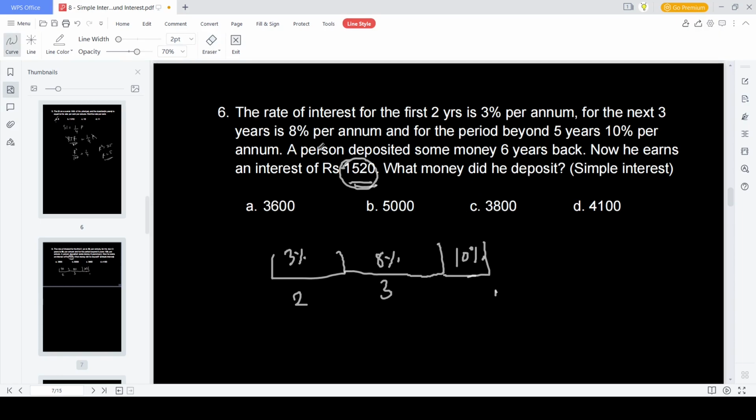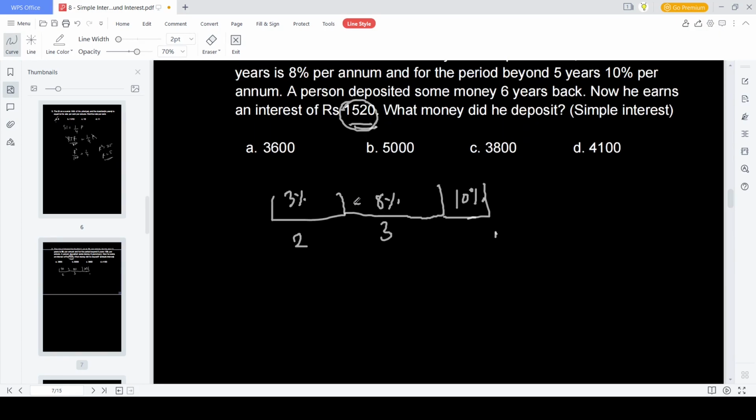So now the total interest adds up to 1520. Let's assume this is SI1, SI2, SI3. So basically 1520 is equal to SI1 plus SI2 plus SI3.